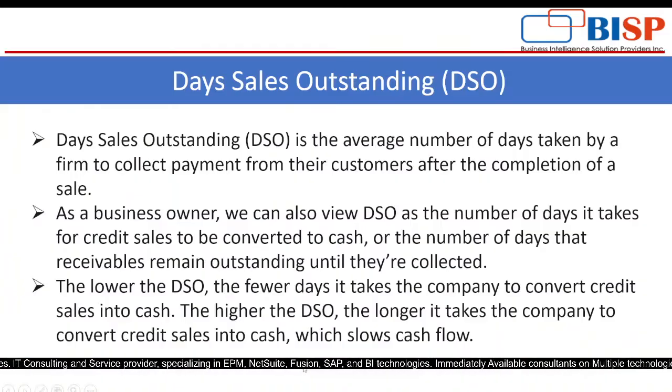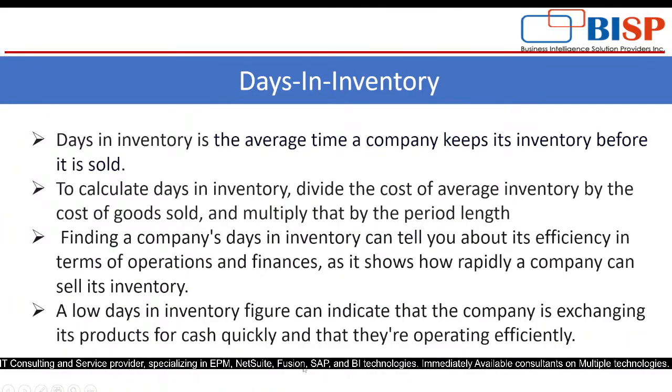Now we will see the days in inventory calculation. So first we will understand what days in inventory is. Days in inventory is the average time a company keeps its inventory before it is sold. So to calculate days in inventory, divide the cost of average inventory by the cost of goods sold and multiply that by the period length.